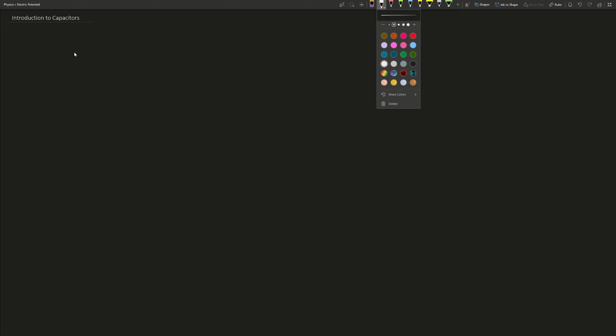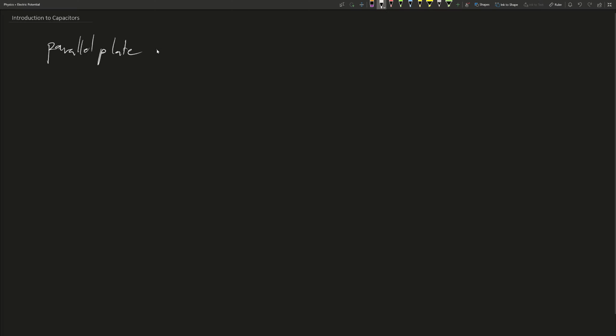So the capacitors we are going to be dealing with right now are called parallel plate capacitors. So parallel plate capacitors look like this. They are going to have some material here.